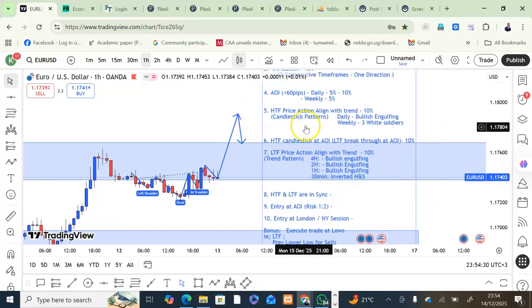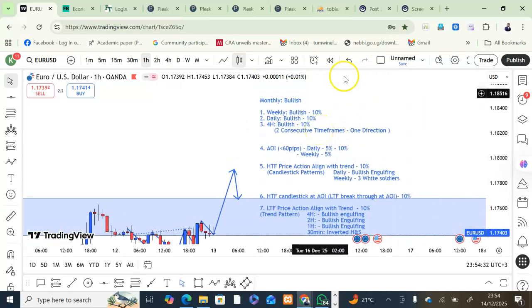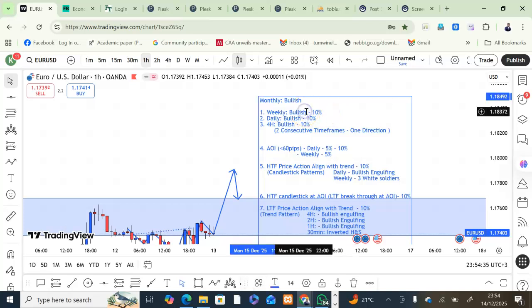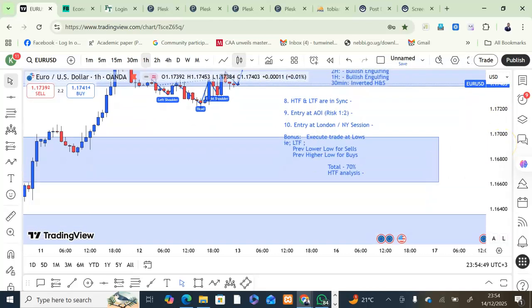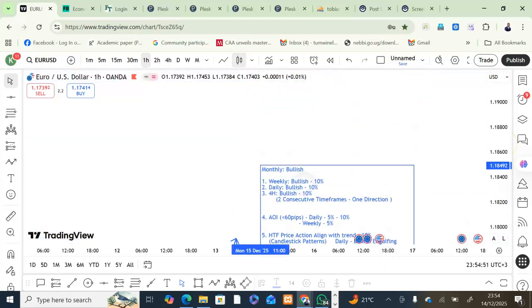So let's say maybe the weekly was bearish. And why is this number replacement by, let's say this was bullish, and then it was bearish.